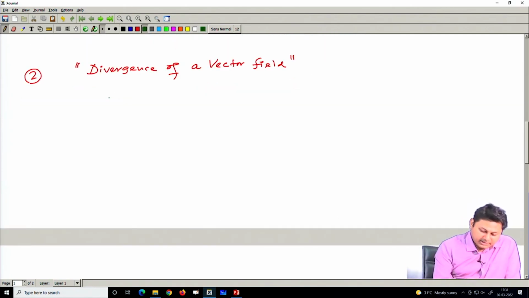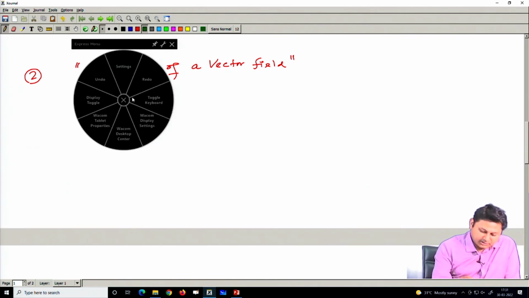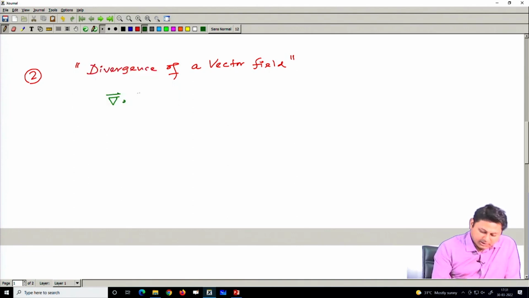The operator del is the same, but now the operation mechanism is a dot product kind of thing. And what is the outcome here? The outcome is ∂Ax/∂x plus ∂Ay/∂y and so on.